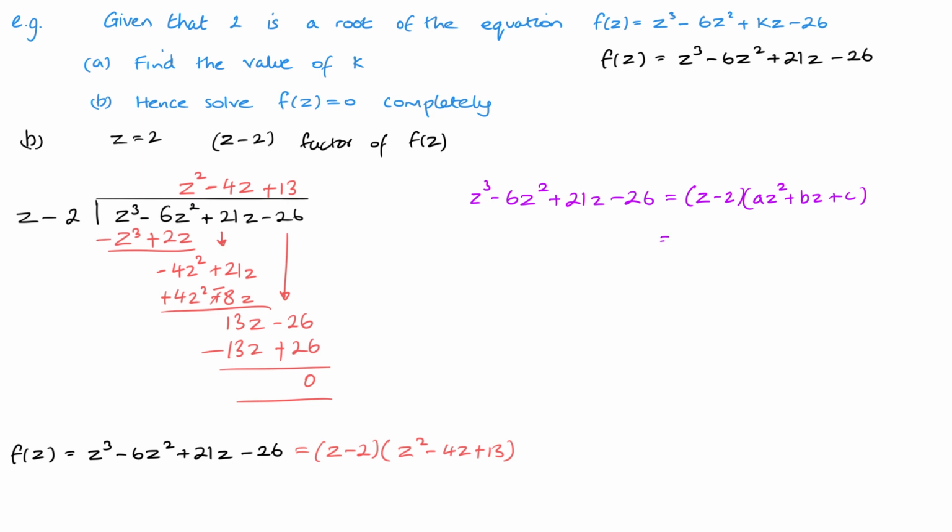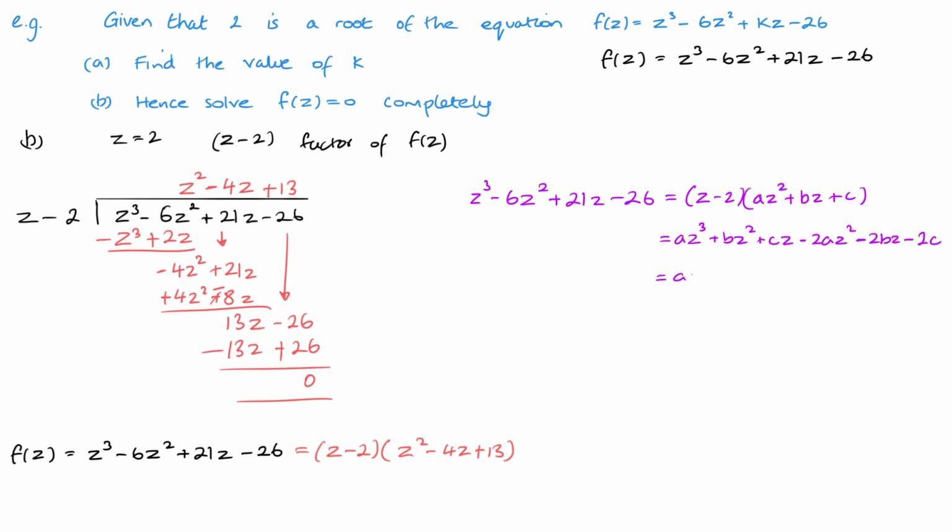So if I was just going to expand, I'm going to multiply first everything by z, and then everything by minus 2. So we get az cubed plus bz squared plus cz, and then we get minus 2az squared minus 2bz minus 2c.